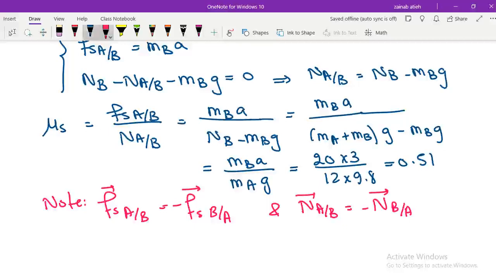Now let's do the same but for the second case, for case 2.